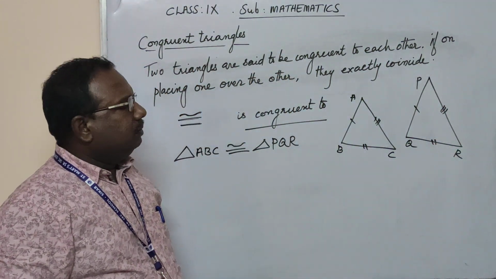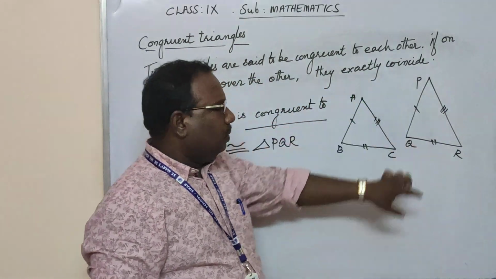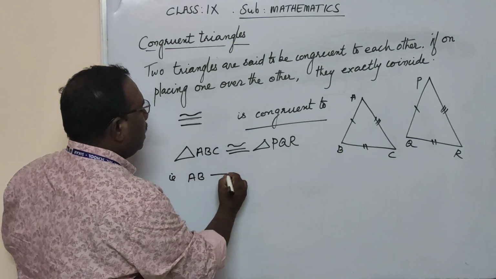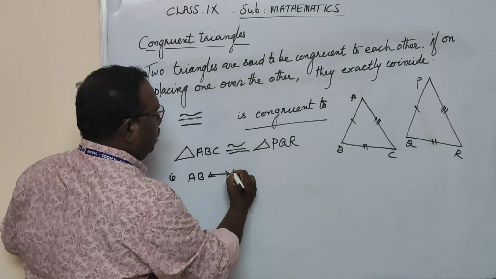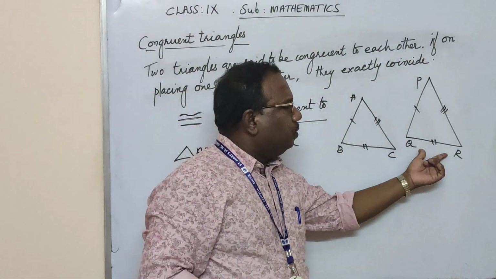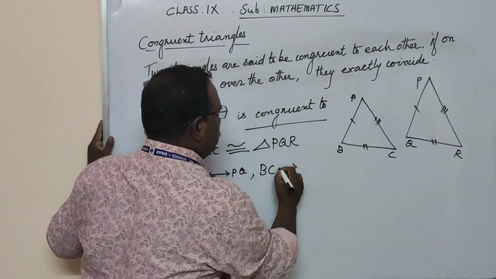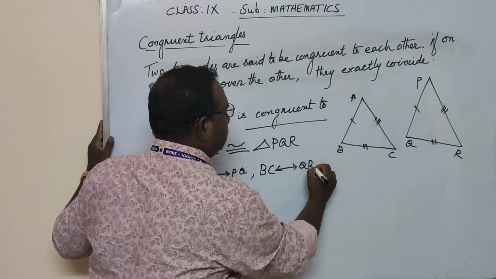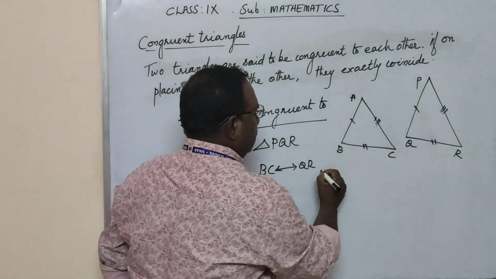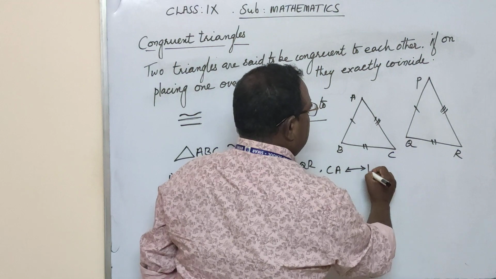AB corresponds to PQ, BC corresponds to QR. And CA corresponds to PR or RP.